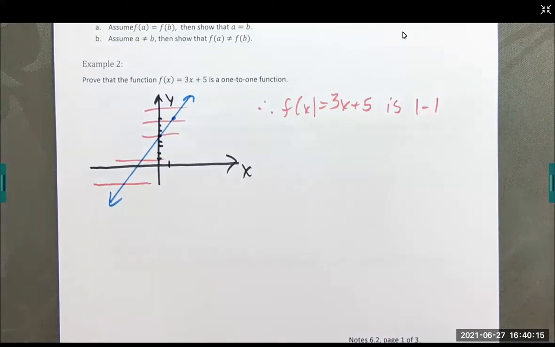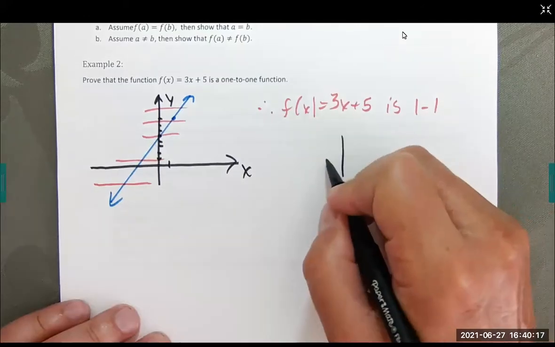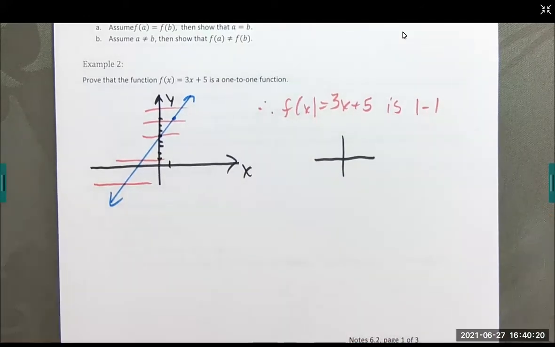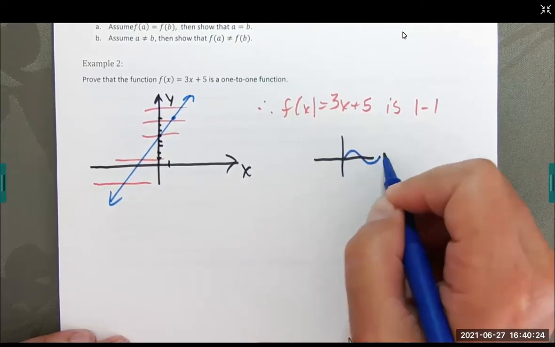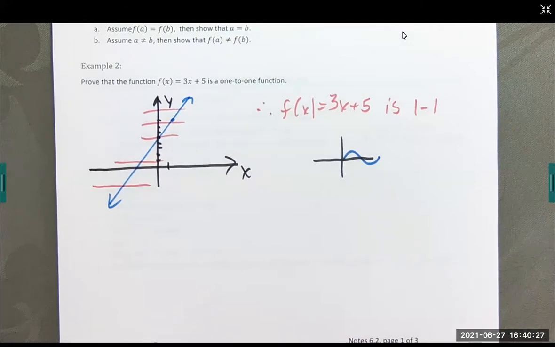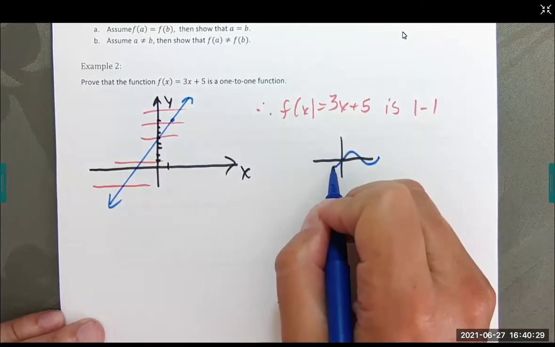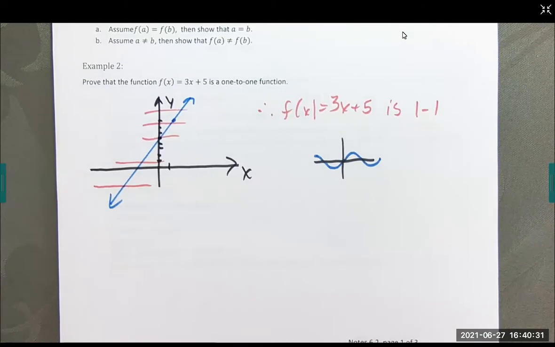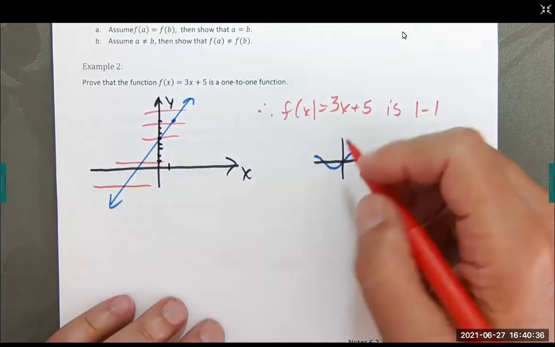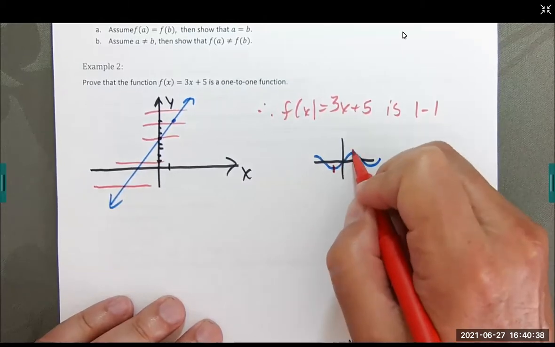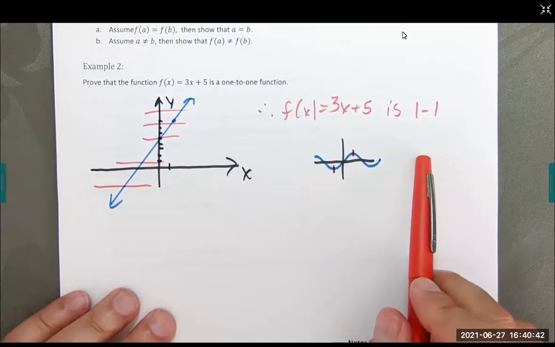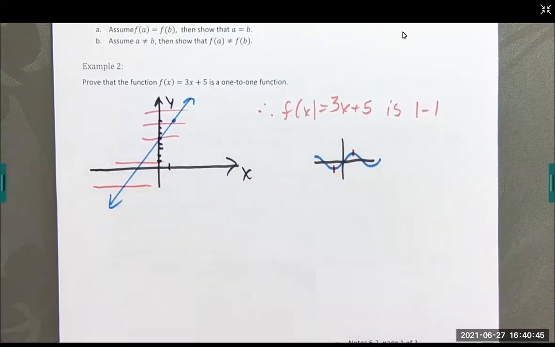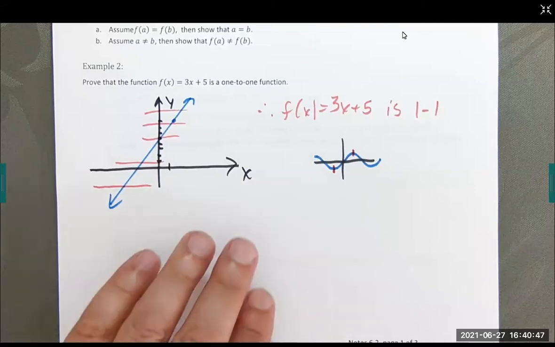So for example, if we have a graph that looks like this, what we can do is we can limit the domain so that we are only dealing with from here to here. Then you can see every horizontal line is going to cross no more than once, but the whole graph itself is not one-to-one, but we would need to limit its domain to do that. All right, page 2.